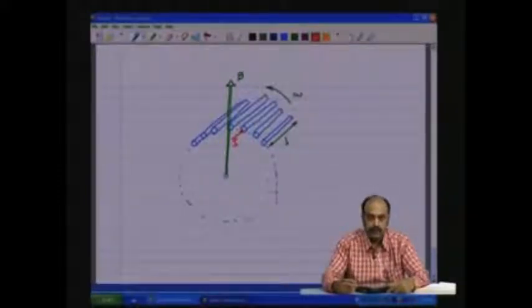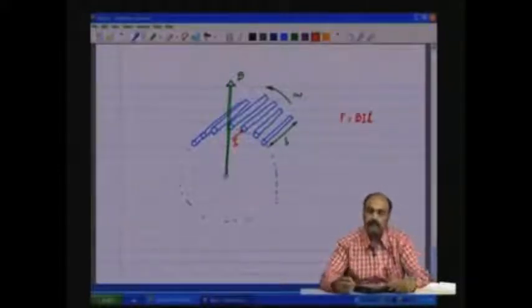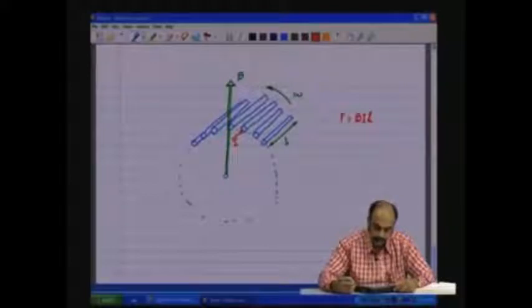This is going to provide a force, and that force is B I L. This is called the Lorentz force.